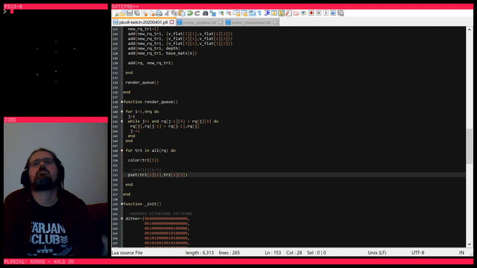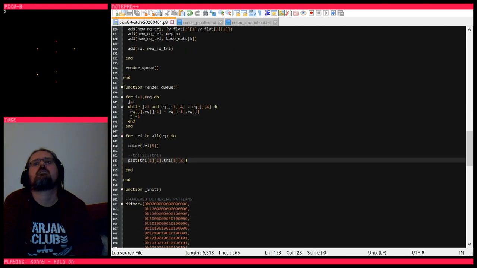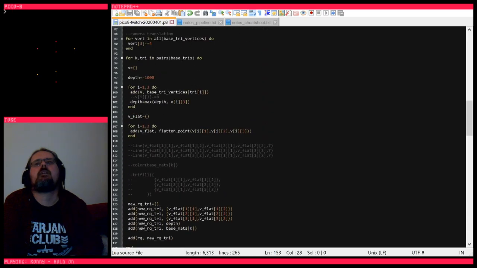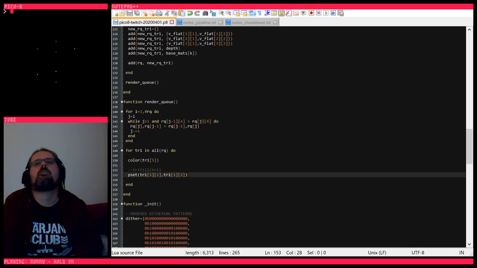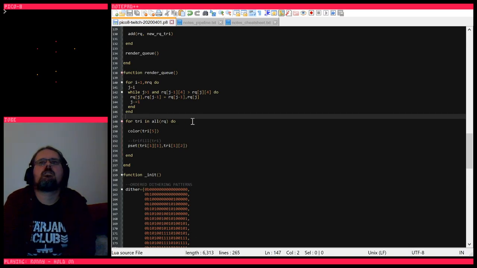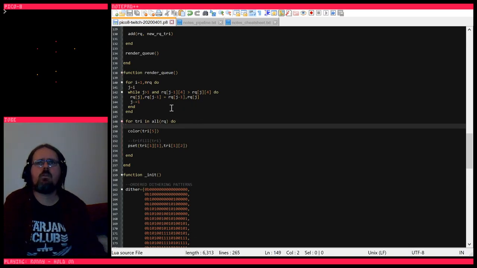I'm guessing this probably is the reason it fails with one of the triangles. So for debugging's sake, let's do this.